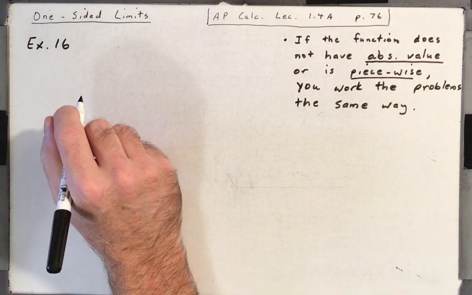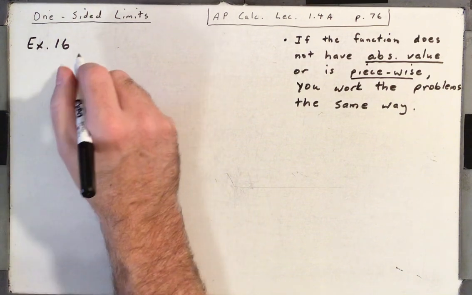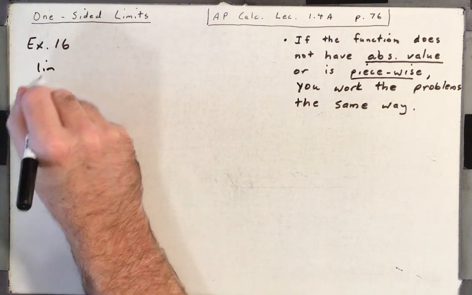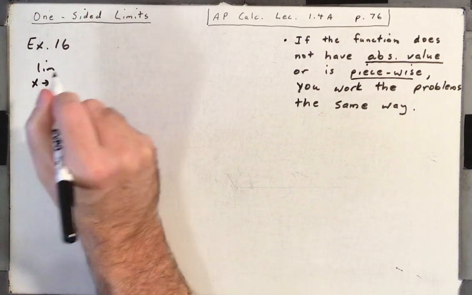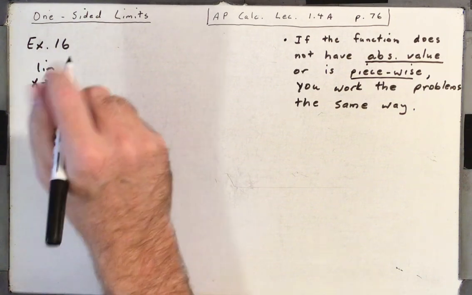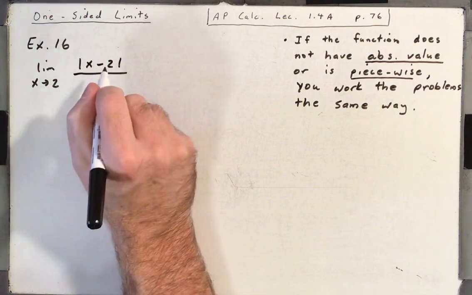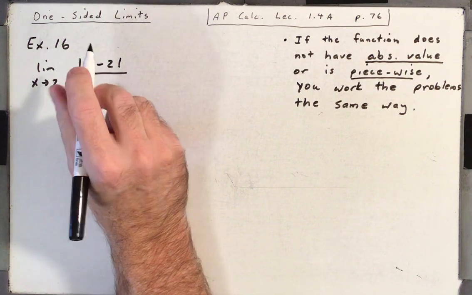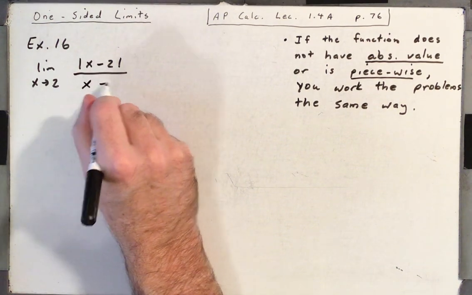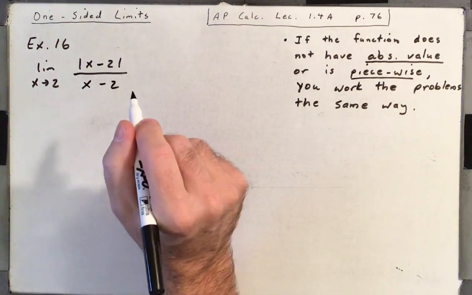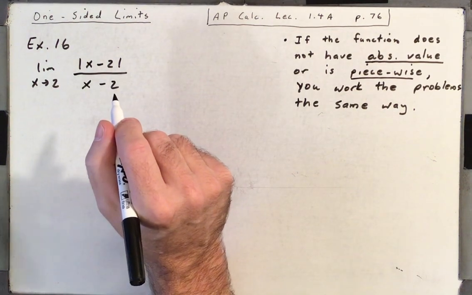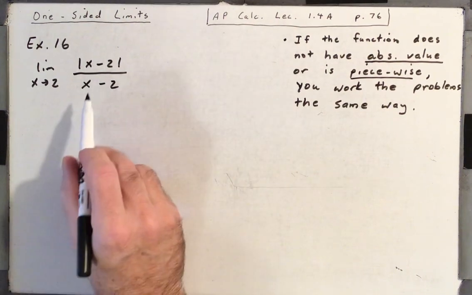So 16, we've got the limit as x approaches 2 of the absolute value of x minus 2 over x minus 2. Okay, so what you have to do in this case, there's an absolute value.